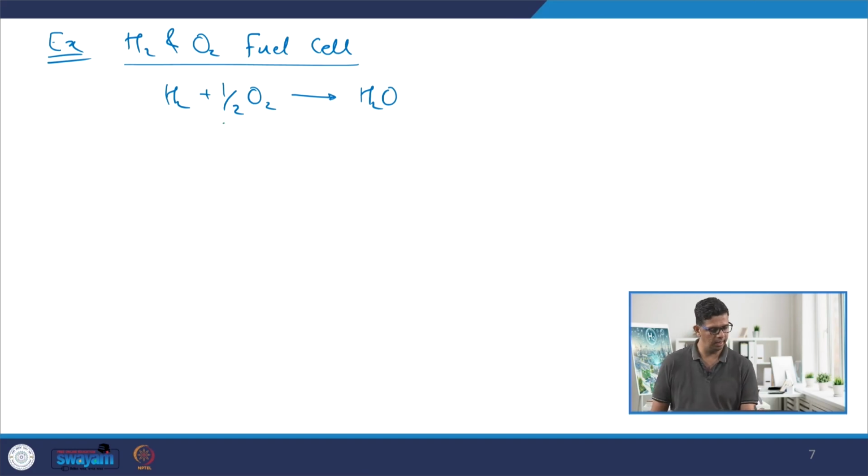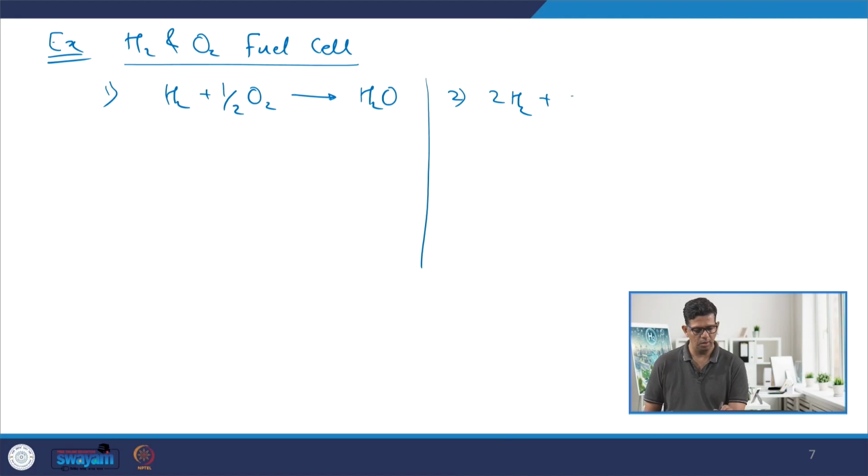This is the first case. What is our second case? Let's increase the concentration. We have 2 moles of hydrogen plus 1 mole of oxygen, that gives 2 moles of water. Okay, this is our case 2.